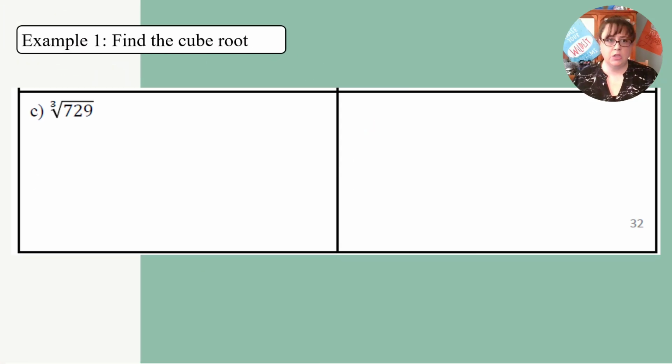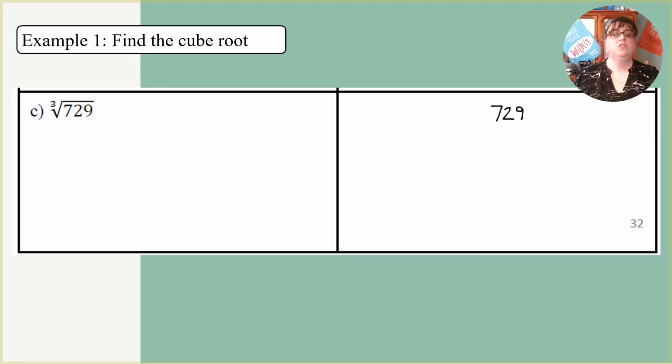So let's look at the cube root of 729. So just like I did with square roots, I'm going to make a factor tree. And this time though, instead of looking for twins, I'm going to look for triplets. So 729, I happen to know that 7 plus 2 is 9, and then 9 plus 9 is 18 (sic: 81).